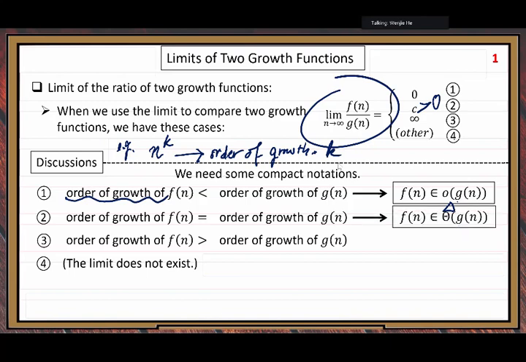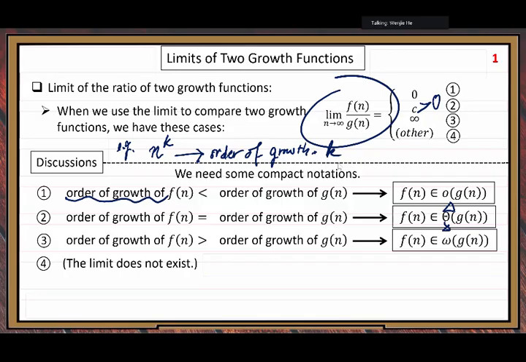For the second case, we use another asymptotic notation, big theta. We say the f function belongs to big theta of the g function. The third case uses another asymptotic notation, little omega.